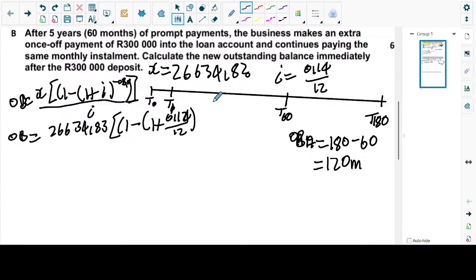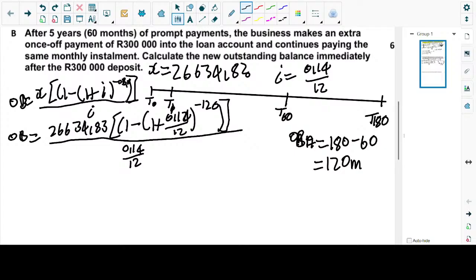Then our OBn is negative 120. Close the brackets, all over i, which is 0.14 all over 12. Let's type this into our calculator.